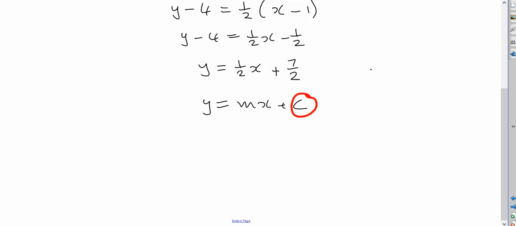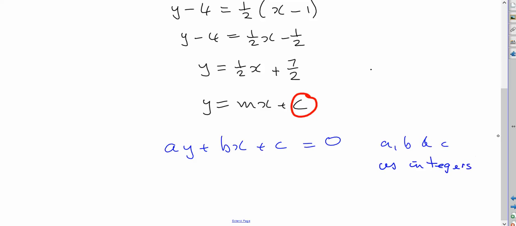However, a question will often ask you to write the equation of the line in the form ay plus bx plus c equals 0. This is another form of the general equation of the straight line, and in this format you must have a, b and c as integers or whole numbers. So to write the equation in this format, you would just multiply by a common denominator.